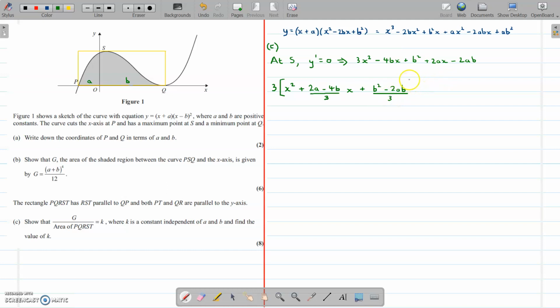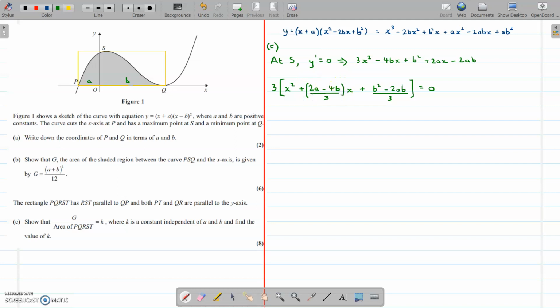Because I've taken out that factor of 3, that's got to equal 0, so I can ignore the 3 now at the front, and I've got an expression that begins with x squared, so I can complete the square. I know that this square bracket has to equal 0, so the x coefficient, if I put it in its own bracket, it might be a bit clearer.